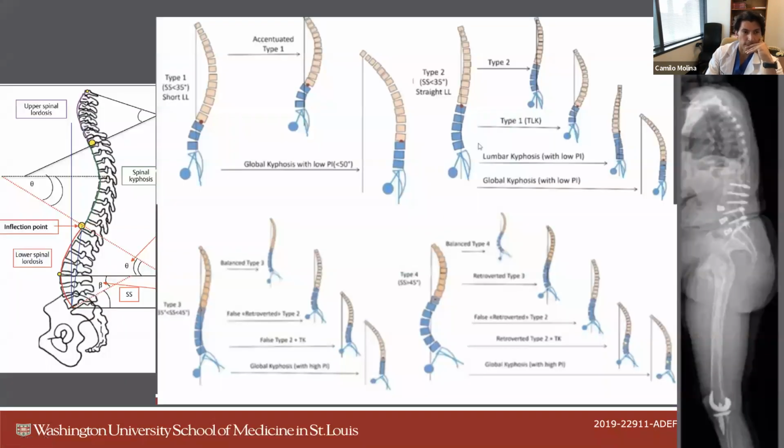So, moving on to how this precipitated these Roussouly curves, we know that there are 4 types of Roussouly curves: type 1, type 2, type 3, type 4. And Roussouly originally described these curves based on the sacral slope of the patient in a non-pathologic conformation, meaning the spine had not degenerated yet.